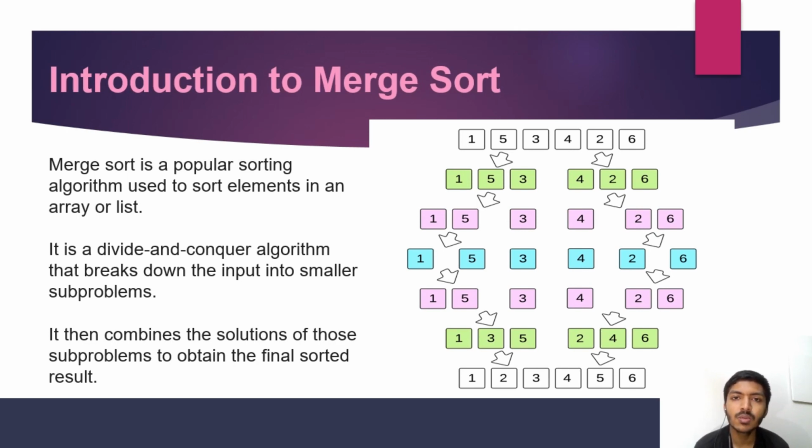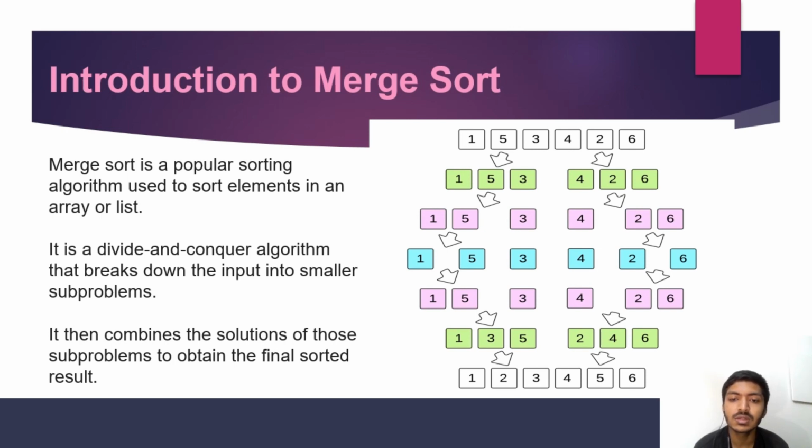Now after the problem is broken down into sub-problems, the algorithm starts sorting the numbers based on whether they are smaller or larger. In this case 1, 5 and 2, 6 stay as they are. If you look at the second last step, we have 1, 3, 5. It was earlier 1, 5, 3.